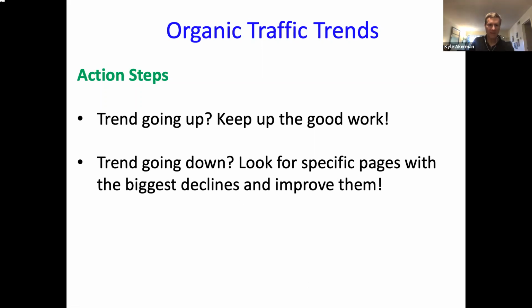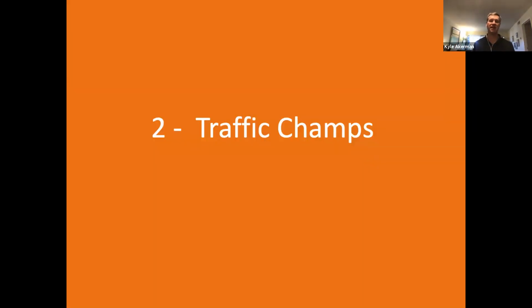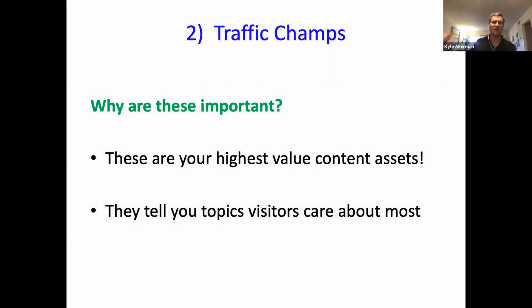So number 2 thing that you should track is your traffic champs. So these are your pieces of content. I'll just call them blog posts. These are the ones that are performing the best and bringing in the best and the most traffic to your site.